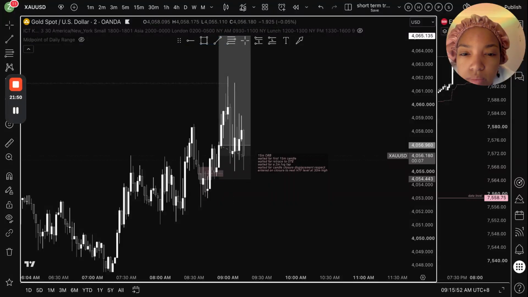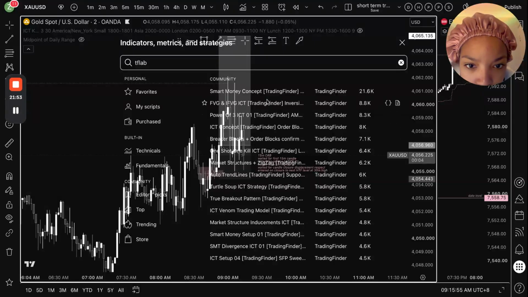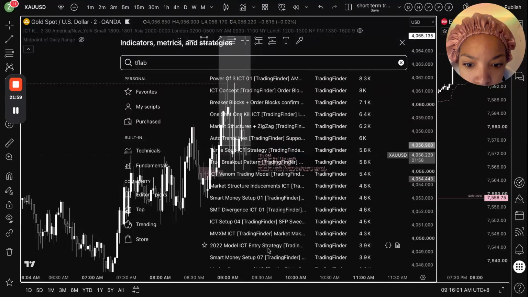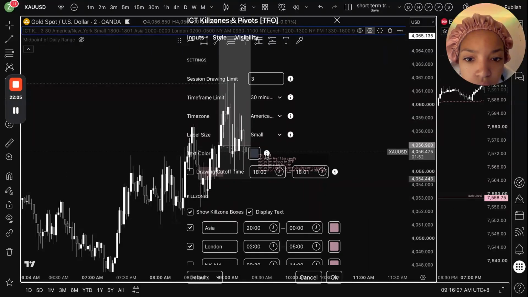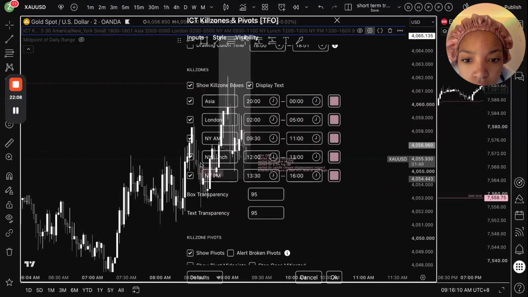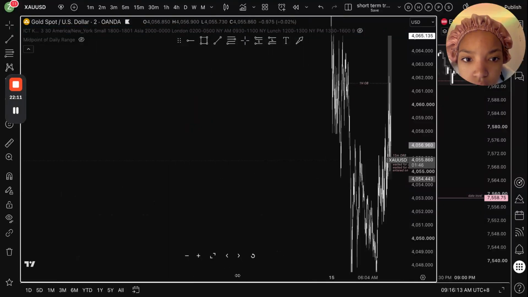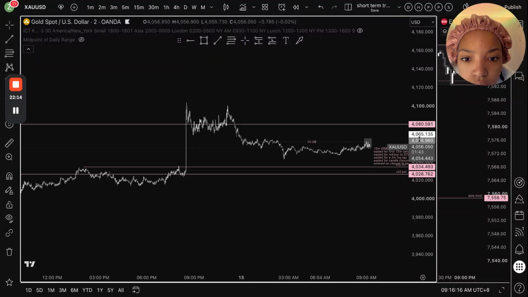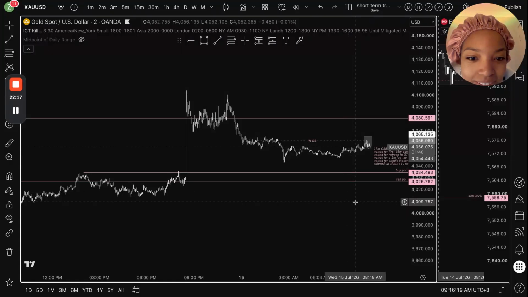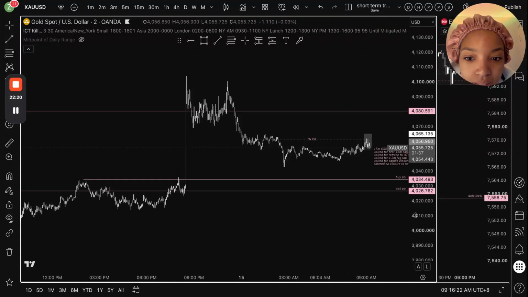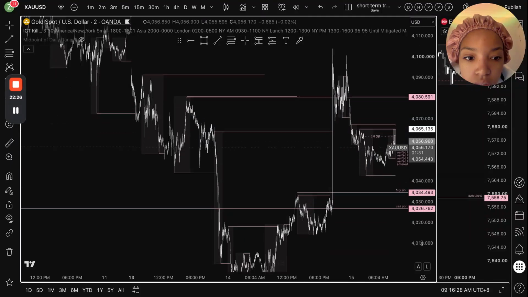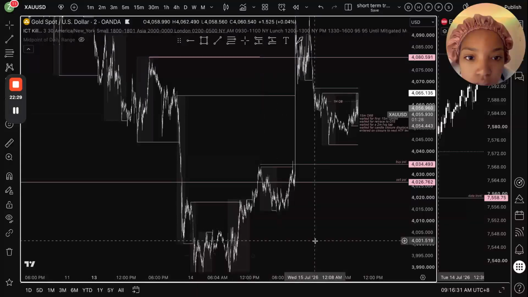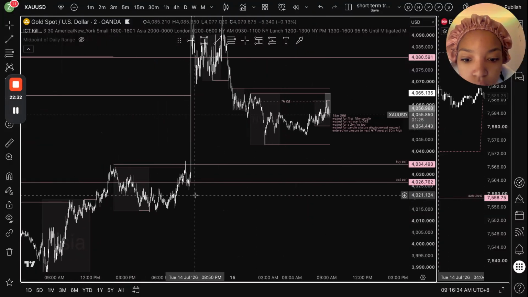No, this isn't it. I'm just trying to find the high and the low of New York. Okay, let's see if it will show me the high and the low of New York. Please let me see the high and the low of New York. That's Asia, that's London. This is pre-market.